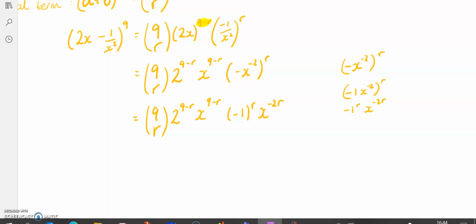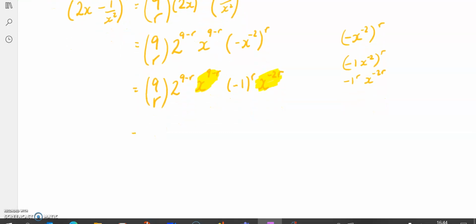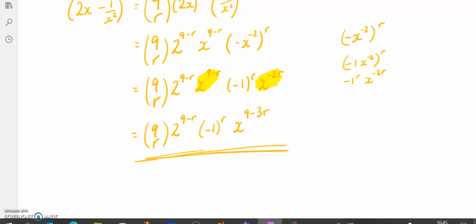Okay, so we want to get the x's together here. We're multiplying, so we're going to add these powers. That's going to give us 9 choose r, 2 to the 9 minus r, minus 1 to the r, and then x to the 9 minus 3r. This is our general term. We have separated our numbers from our variables.